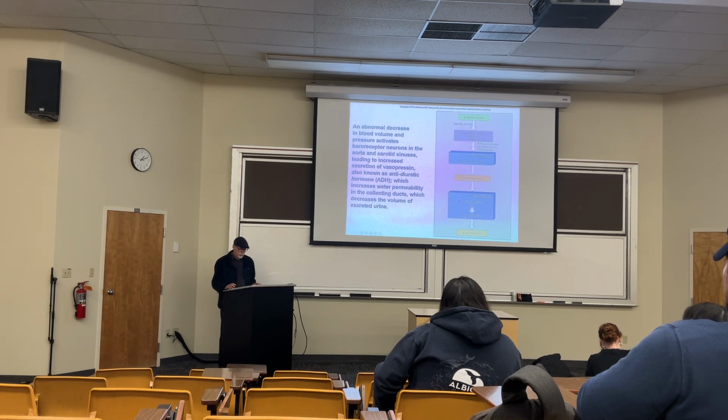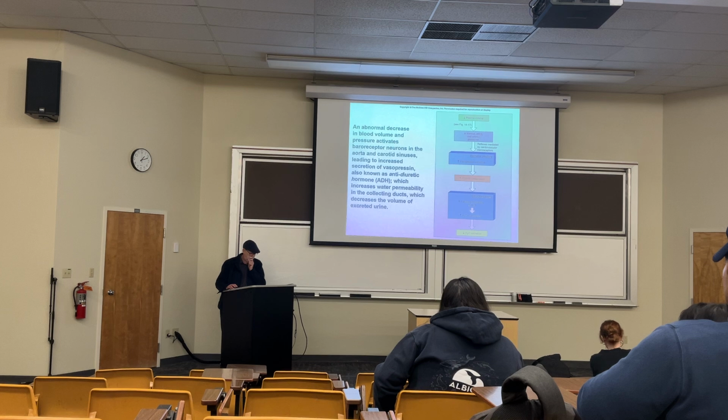We will increase water reabsorption. Less water will go in the urine, and we'll go back to a negative feedback to increase our plasma volume back to normal. Therefore, antidiuretic hormone has an antidiuresis effect.